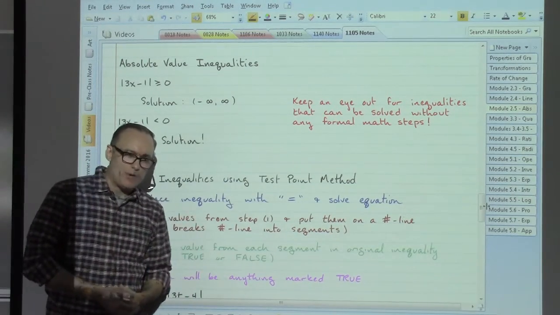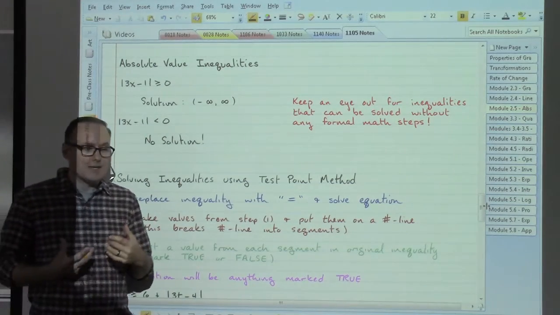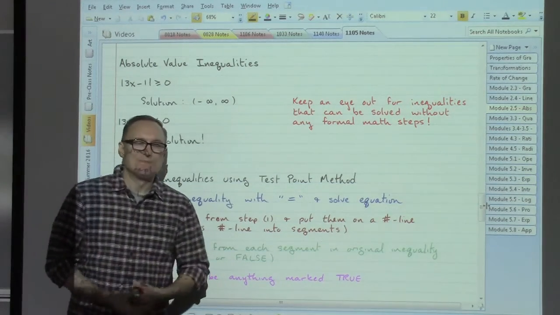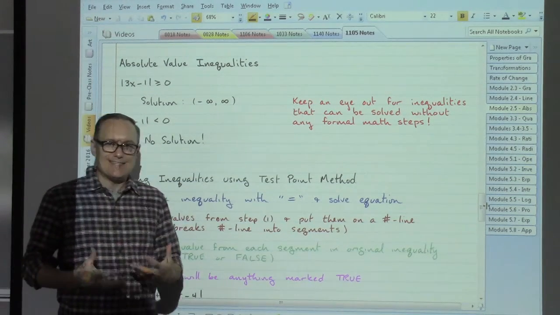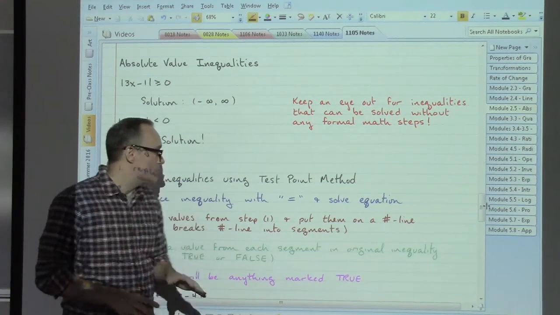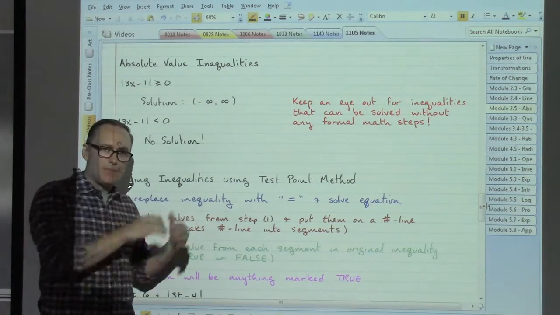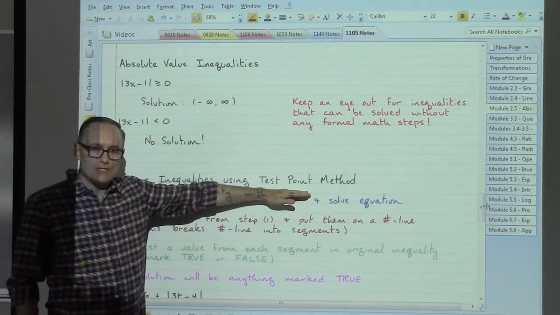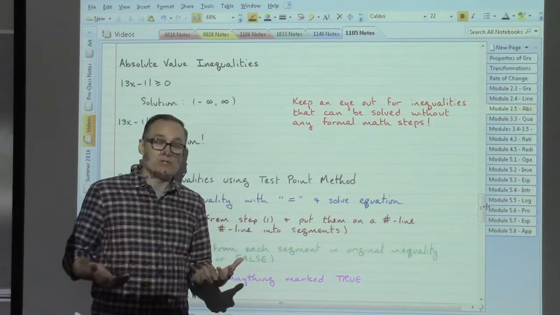Most of what you're going to have to practice is actually solving these absolute value inequalities where you have to do work. So what we're going to use is something that we could extend to any other kind of inequality situation. No matter what kind of inequality we might have, we can adapt this method that we call the test point method to any other kind of inequality that might show up.